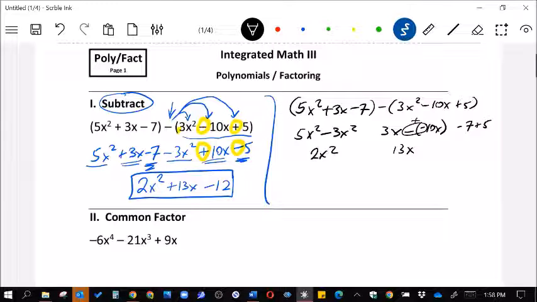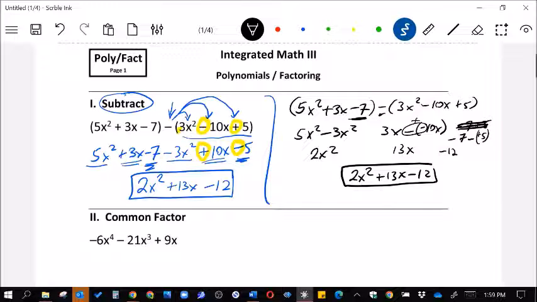And here, now this is where, inadvertently, I'm showing that I didn't subtract it. We have negative 7 subtract a positive 5. So what I should have written was negative 7 subtract the positive 5, either in parentheses or just put minus 5. Then I would have gotten the negative 12. So we get the same 2x squared plus 13x minus 12 that we did the other way.